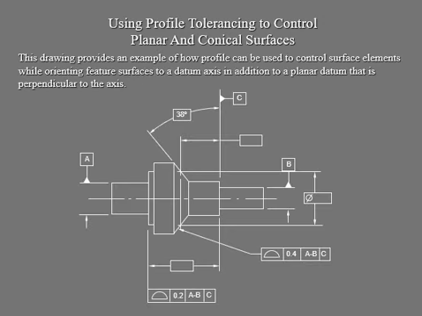Let's take a look at our first example. Here we have an example of how the profile can be used to control surface elements. Our first profile tolerance zone is 0.4 and the other one is 0.2.